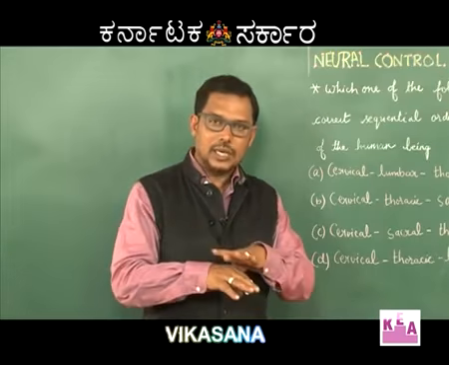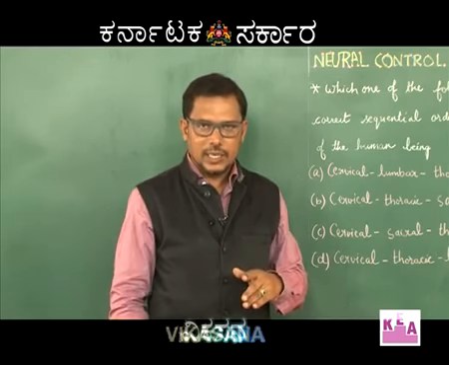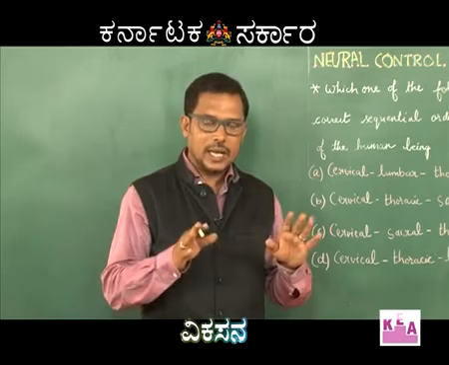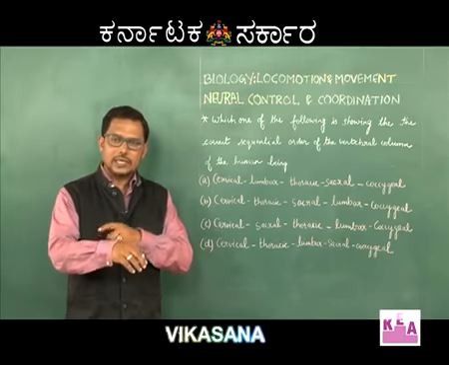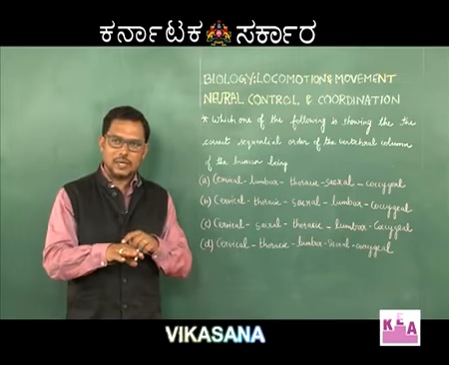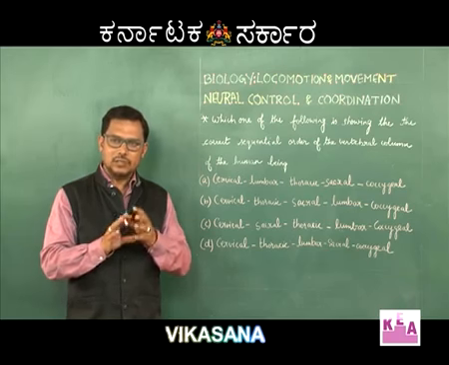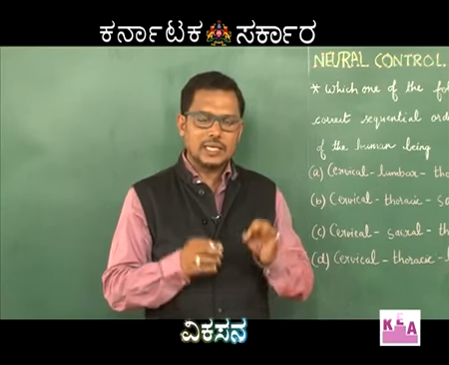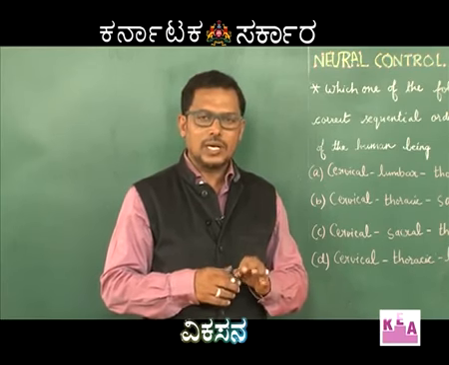There are 30 bones in hands and 30 bones in legs. Altogether there are 100 to 120 bones in hands and legs: femur, radius, ulna, carpal, metacarpal and phalanges, 14 phalanges. So, like this, total number of bones in skeletal system is 206.